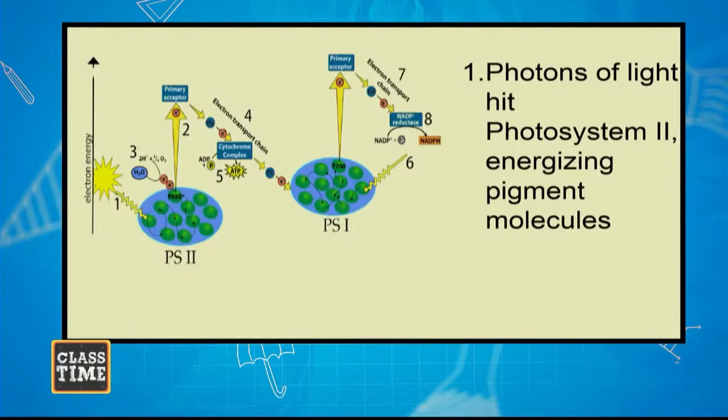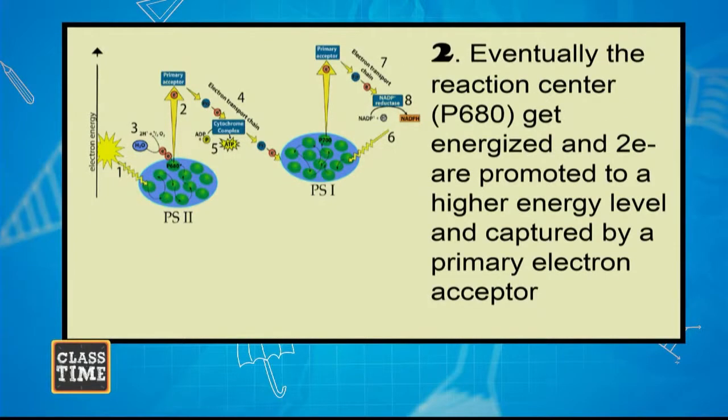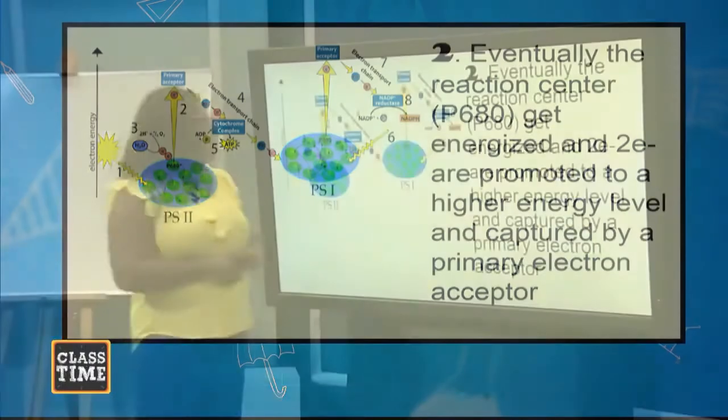First thing to happen is that our photosystems, and we start with photosystem 2, are hit with light coming from the sun preferably, because the sun will have enough energy to energize our molecules so that the reaction center, which is a specialized chlorophyll molecule, gets energized enough so 2 electrons are elevated to a higher energy level so that they can be captured by a primary electron acceptor.